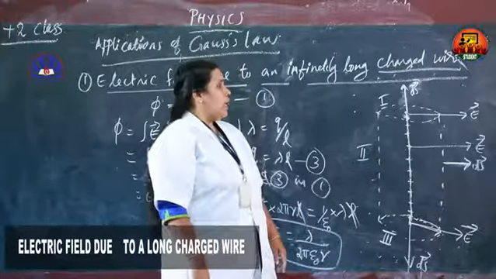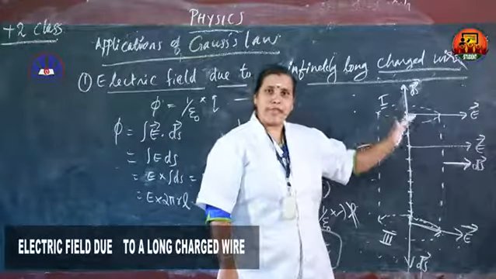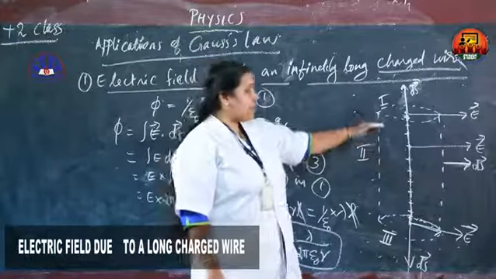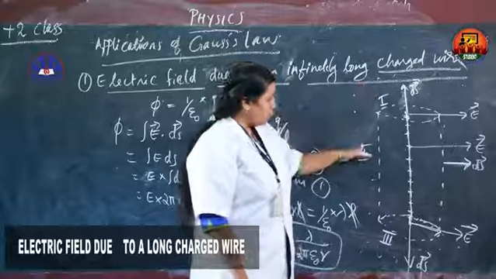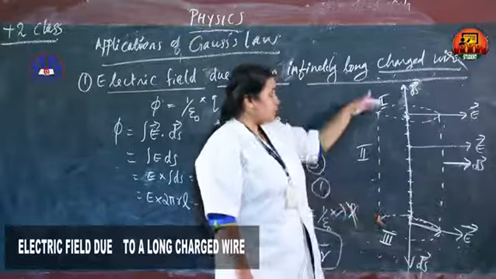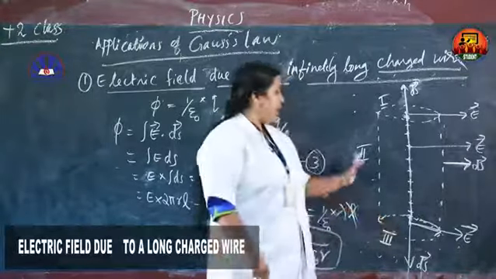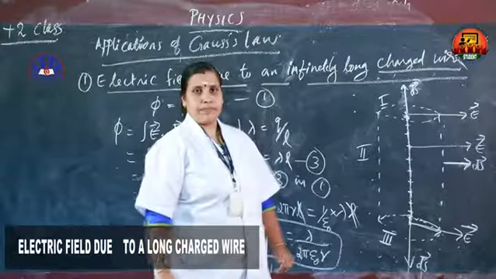Now by applying Gauss law, we have to find the electric field. For that, we can divide this cylindrical surface into 3 regions, 1, 2 and 3. Here the first and third regions are the circular faces of the cylinder, and the second region is the curved portion of the cylinder.